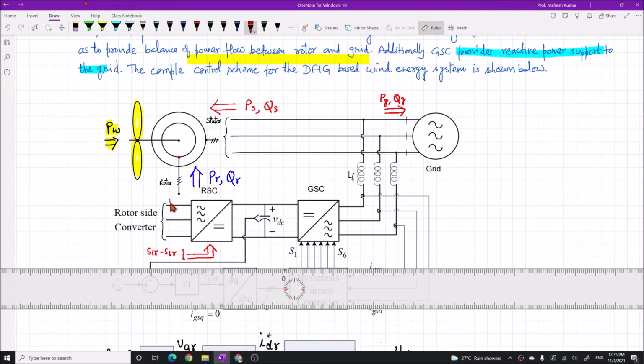These quantities are BAR, BBR and BCR. And the currents that are flowing are IAR, IBR and ICR.